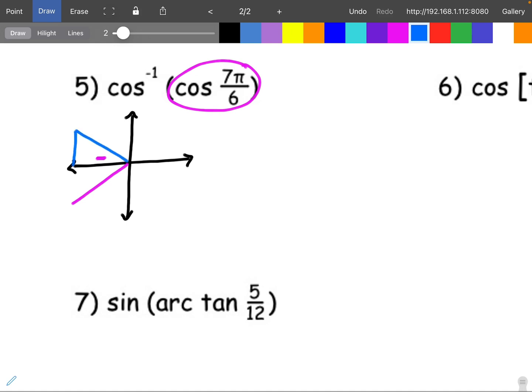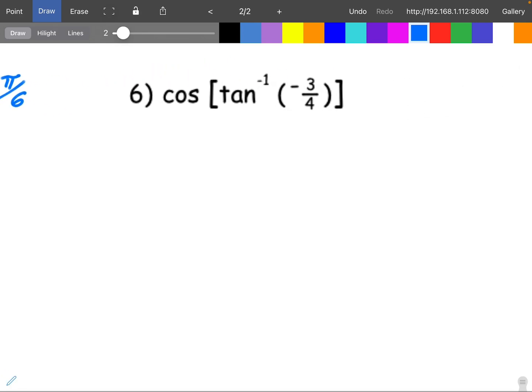So that means it would have to be in quadrant 2. So then, if this is 7 pi over 6, then that is pi over 6 away from the horizontal, which means this has to be pi over 6 away from the horizontal, which means that it would be 5 pi over 6. And remember, for cosine, we can go straight from 0 around to here. So our answer is just going to be 5 pi over 6.